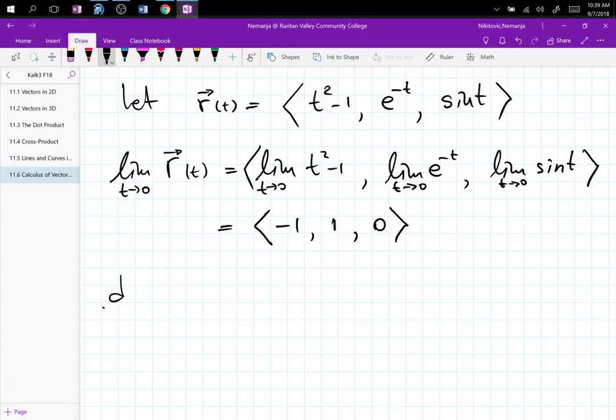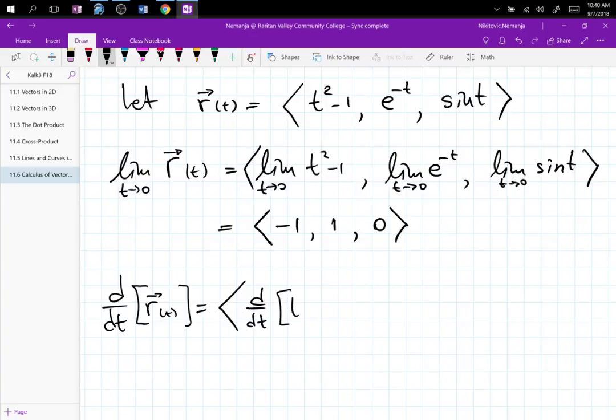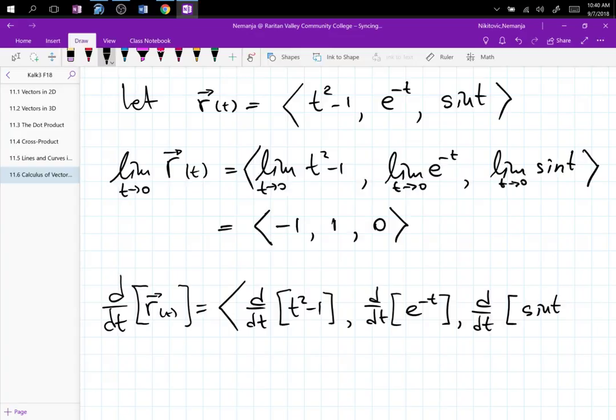The derivative of function r would be the derivative of each one of these. So I have the derivative of t squared minus 1, the derivative of e to the negative t, and the derivative of sine t.